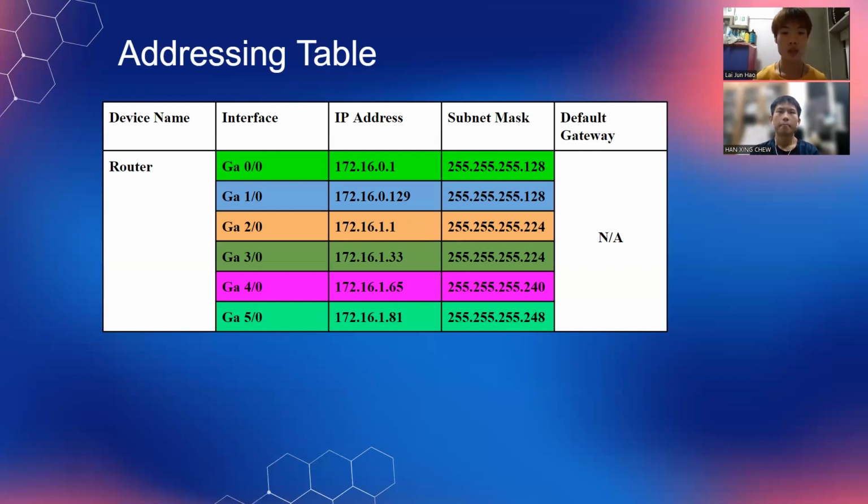Gigabit 3/0 has the IP address 1.33, and the subnet mask is 224. Gigabit 4/0 has the IP address 1.65, and the subnet mask is 240. Gigabit 5/0 has the IP address 1.81, and the subnet mask is 248.